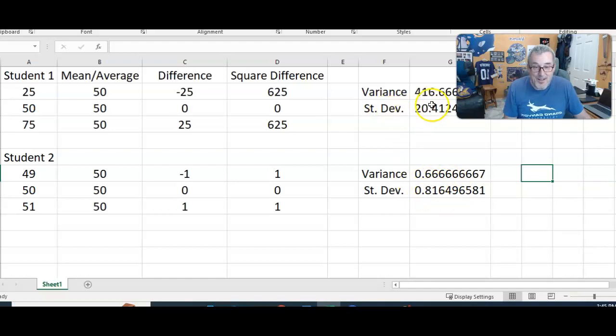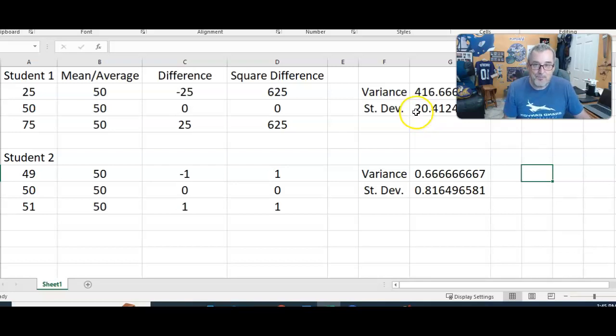You can see a standard deviation of 20 compared to a standard deviation of 0.8. This measure of spread-outness shows that this data, 25, 50, 75, is more spread out than 49, 50, 51. The standard deviation just gives a number to help us quantify that idea of spread-outness.